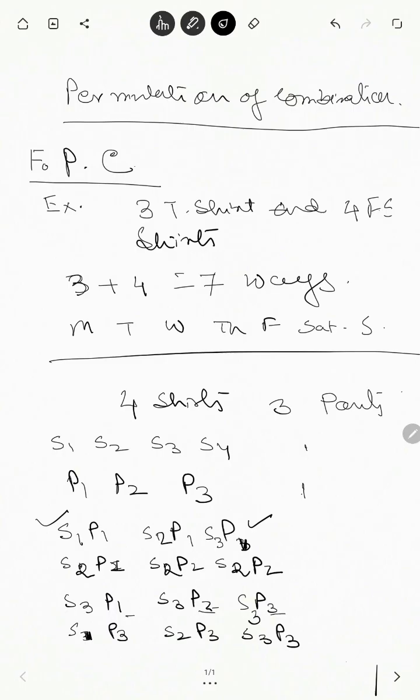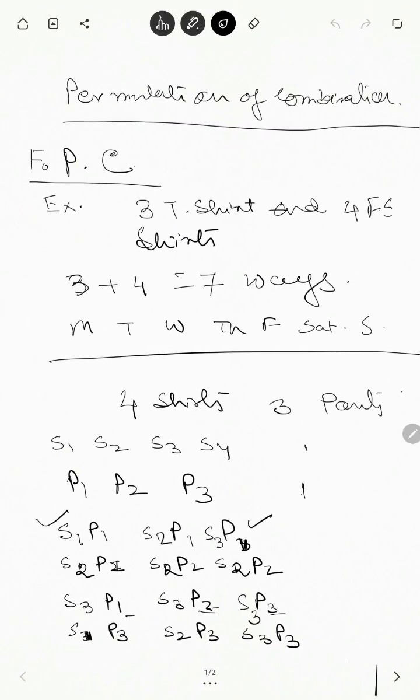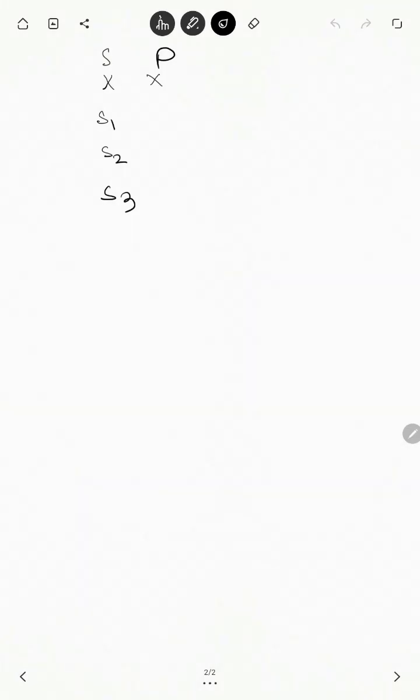Okay. So now this is very confusing, how we are going to count how many pairs, how many types we can choose. Now this cross is for shirt and this cross is for pants, right? So shirt can take S1, S2, S3. How many shirts have we taken? 4. The fourth option we have not written here, right?